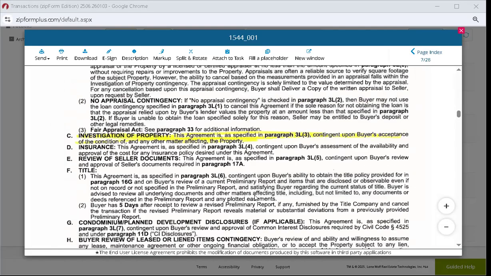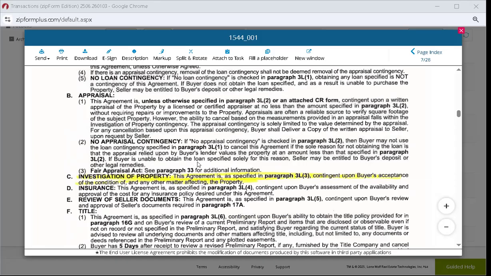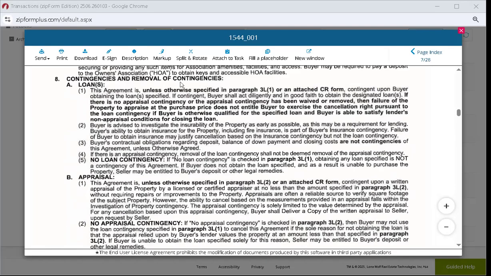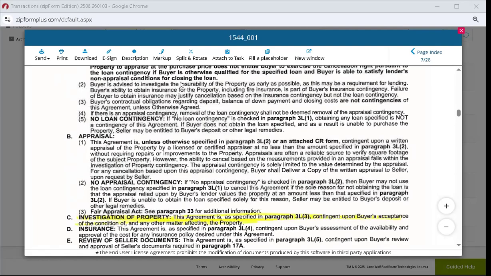So here, I'm going to go over the contract cancellation because we always have questions on that. When you're canceling a contract, it's a good faith cancellation in accordance with paragraphs in the agreement. The reason I highlighted this is because a lot of times it's going to be because of the inspection or insurance on a commercial purchase.